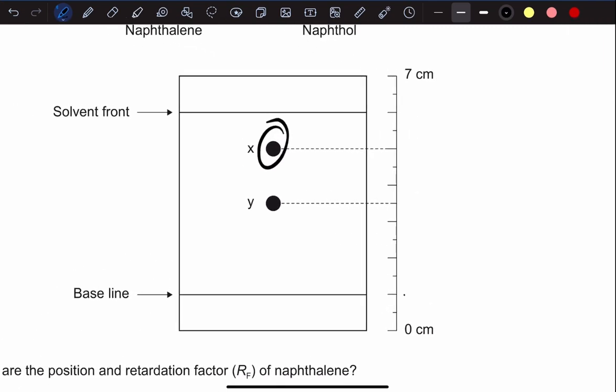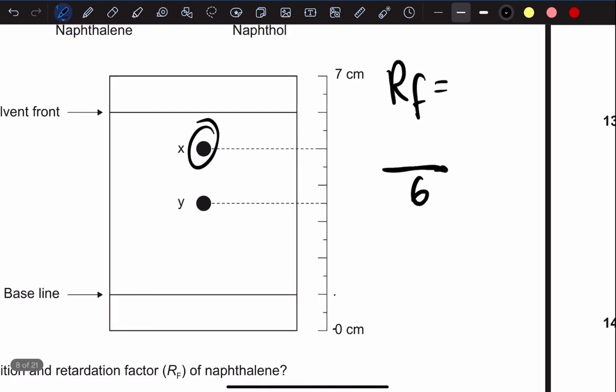So now that we identified that, let's just get the number right. RF. Okay, how do we get the RF? Well, we need to get this distance, and we need to divide it by the distance of the solvent front. Okay, so the solvent front seems to be roughly at 6, right? Sorry, I'll write the formula out if I was being confusing.